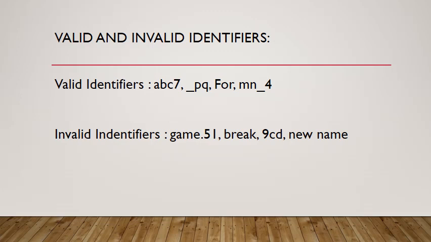And the invalid identifiers, the words which cannot be used as an identifier, are: game dot 51, because dot is not allowed in identifiers. Break, because break is a keyword. 9CD, because it starts with a digit. New space name, because space is not allowed in an identifier's name.